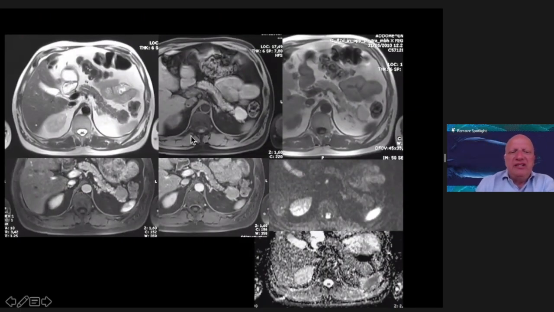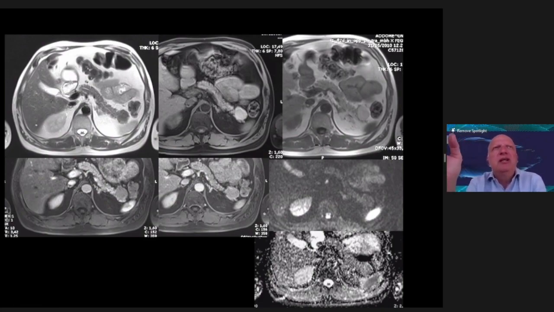And these are the other lesions, the hyper lesions. Sometimes these lesions are quite typically seen in the tail of the pancreas. They appear hyperintense on T1, either T1 normal or T1 fat-suppressed, not enhancing, with restricted diffusion, and they are typically hypointense on T2. This is a very typical imaging feature of a specific lesion.